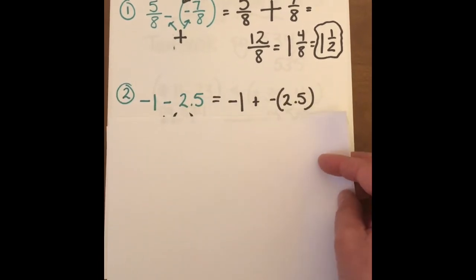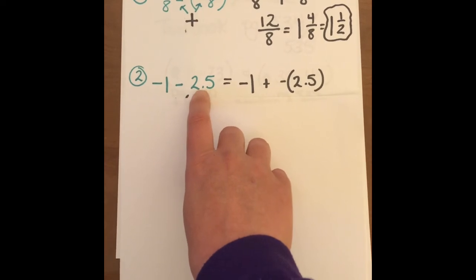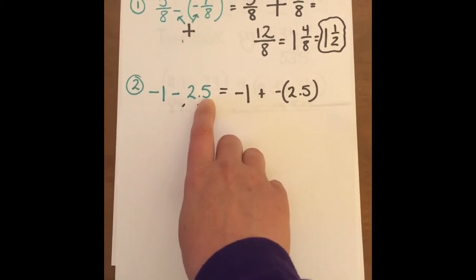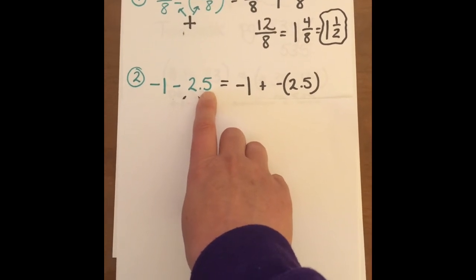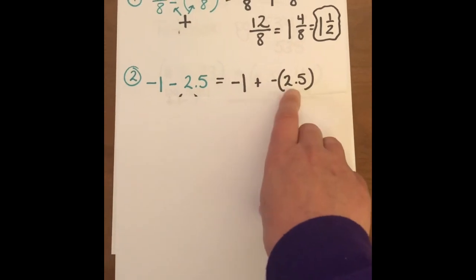And the last one, we have some decimals. So -1 minus 2.5. Remember, we're subtracting a positive, so we need to add a negative instead. So I have -1 plus -2.5.